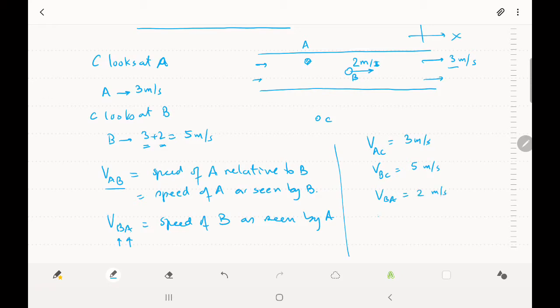And we can also say that the speed of C as seen by A will be minus 3 meters per second, because A is stationary on his own platform. The platform is moving to the right, so it will appear as if C is going backwards, and therefore VCA becomes minus 3.